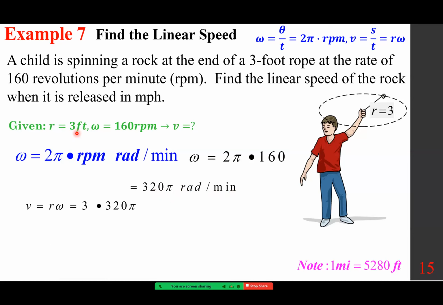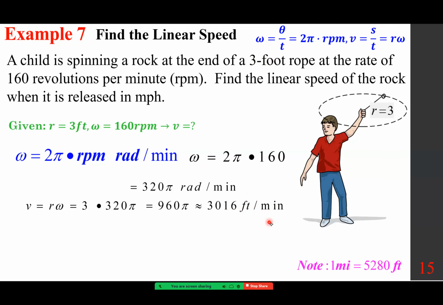So 3 times 320 pi is precisely 960 pi, and roughly 3016. Now, the units are feet per minute. Why is it feet per minute? Well, this was RPM, revolutions per minute. That's why the minute. And the radius was 3 feet.